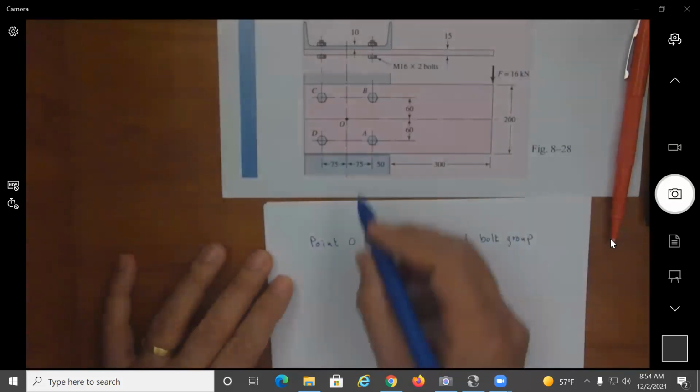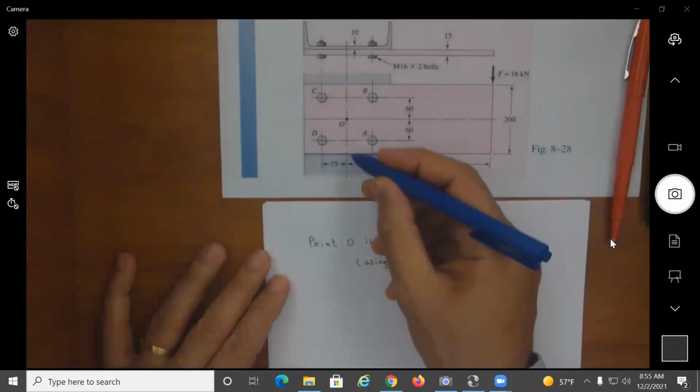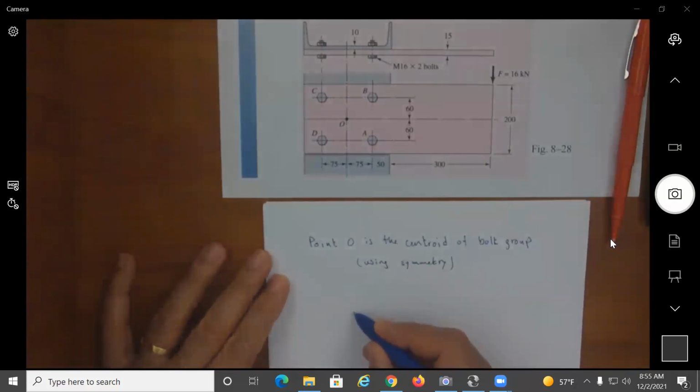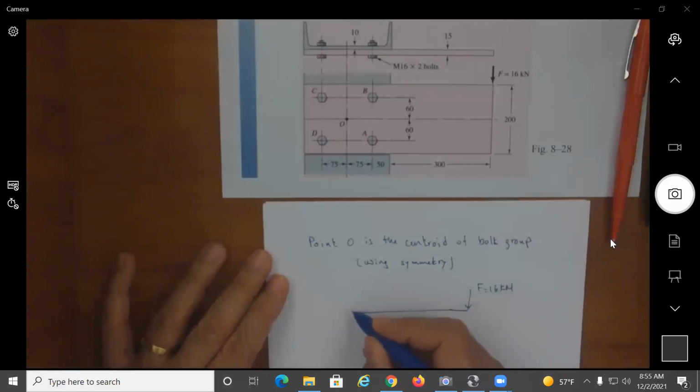Now, if I sketch a free body diagram and consider the cantilever like this, I have the force F equal to 16 kilonewton, and consider this as being fixed here.